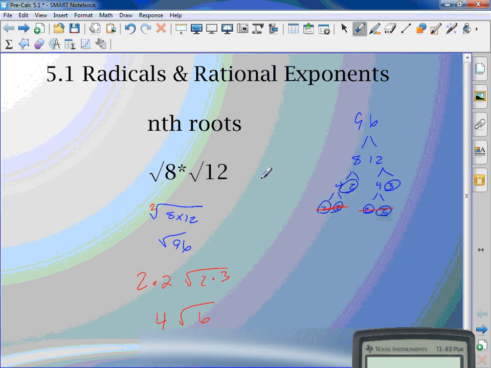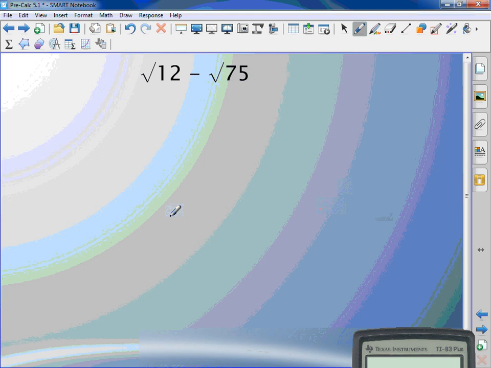Questions on this? Square root of 12 minus the square root of 75. It's subtraction in between. You can't take 12 minus 75. It doesn't work that way. I need to try to factor both of these individually.